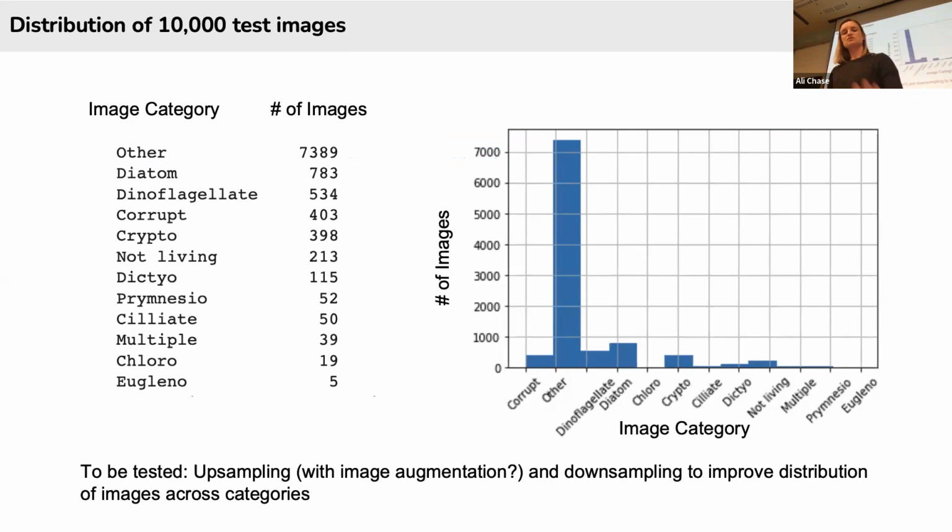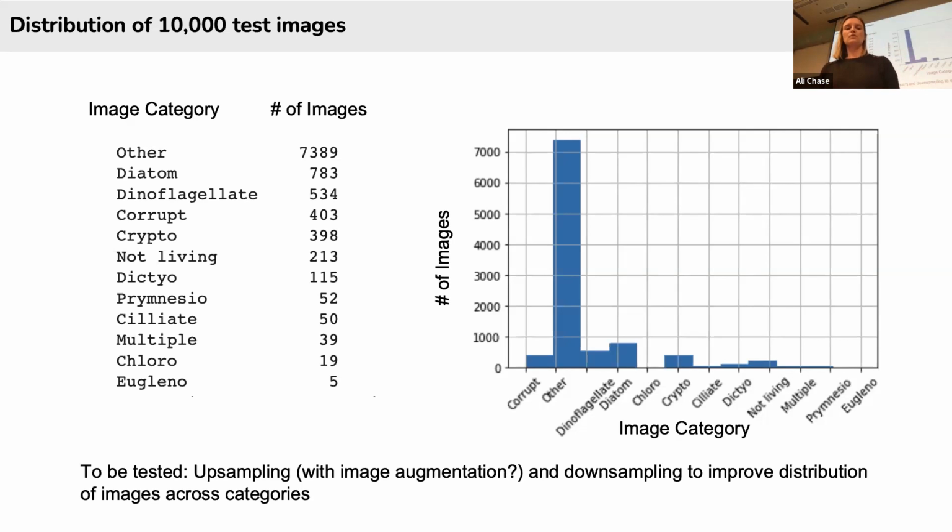It's not totally atypical to have a majority of unidentifiable cells in IFCB data, but this is a more extreme case where there are really a lot. On the one hand, we talked about curating a perfect data set to play with. On the other hand, it's kind of nice to use realistic data that have this issue of uneven distribution, because that's what the real data look like. So it's something to consider.